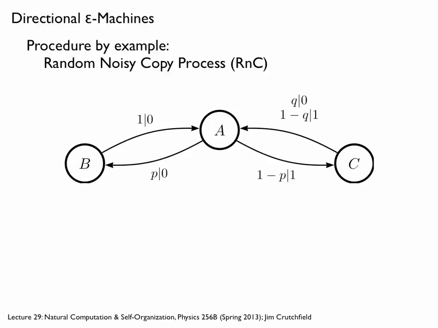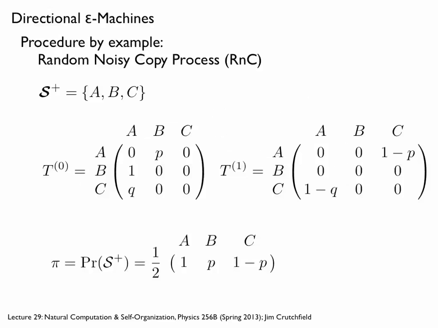It's just kind of a noisy period 2, except when we're coming back from C, we flip another coin with bias Q, come back to A, coming back from B, we generate a 0. Okay, so we have three states, so that's the forward presentation, 3 states, and we can just directly write out from the diagram the 2 symbol labeled transition matrices.